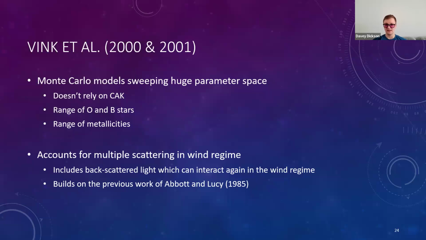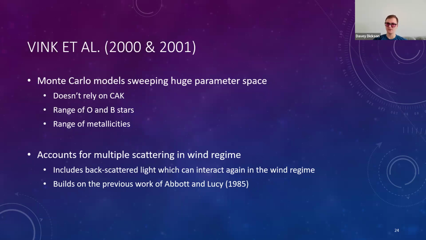And this approach, this multiple scattering contribution, has changed the way we look at the velocity profiles in these wind regimes, but there are still some other factors that it doesn't address.